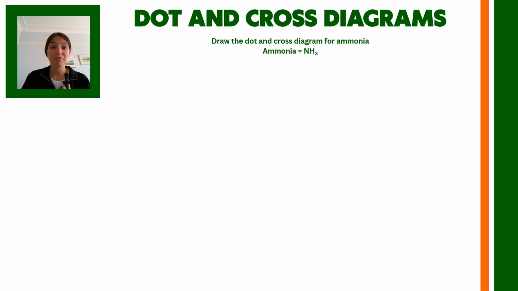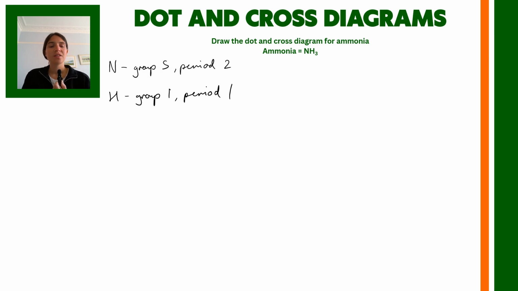Okay, let's have a go at representing this covalent bonding in dot and cross diagrams. Draw a dot and cross diagram for ammonia, and we've been given the formula there, NH3. N, your nitrogen, is in group 5 and period 2, and H, your hydrogen, is in group 1, period 1.